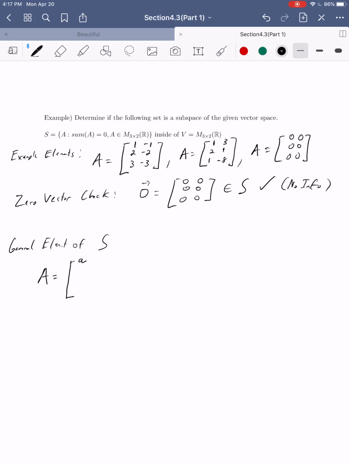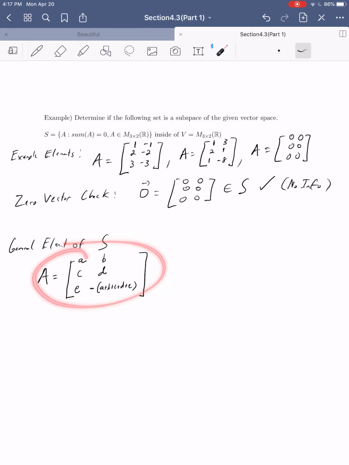You can put anything you like there, anything you like there, anything you like. But once you've selected those 5, you have to pick exactly the sum of all these elements negated. So this last guy would be negative (a plus b plus c plus d plus e), and that would be a choice we wouldn't get to make, because that would guarantee that the sum would be 0.